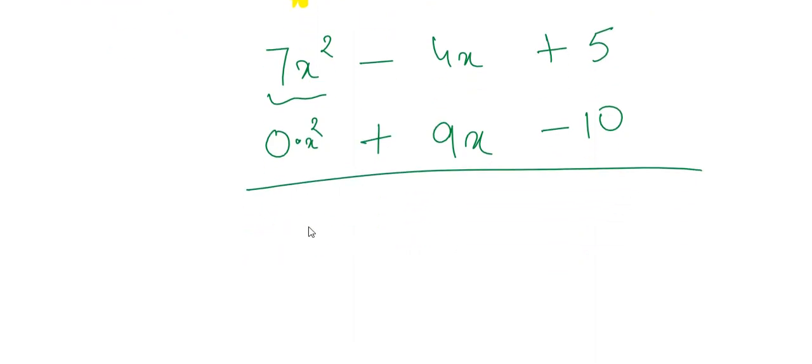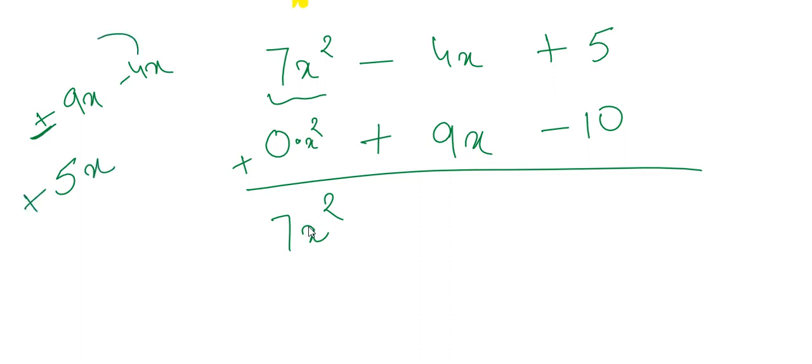So if I add these two, 7x square plus 0x square is 7x square only, so I would write 7x square only. If I just add this, see, I have 9x in 9x minus 4x. Since my sign is with the greater term, I would be having 5x. I would solve simply like a normal mathematical operation.